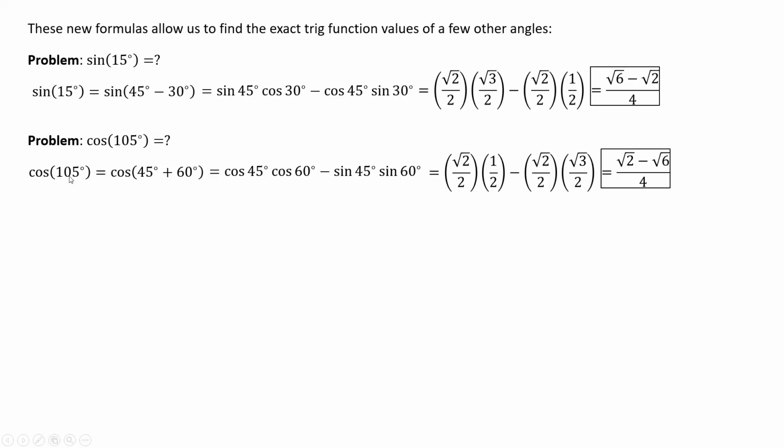Because 105 happens to be in the second quadrant, so we attach a negative to it. So cosine of 90 plus theta is actually negative sine theta. So we can look at cosine of 105 as cosine of 90 plus 15, and so that should be equal to negative sine 15. So sine 15, we got this, so this should be negative of that, and that's why we have this.